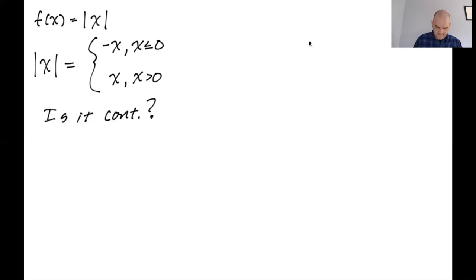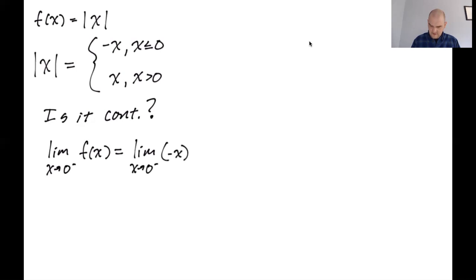I'm going to say the limit as x approaches 0 from the left of f of x. So 0 from the left means like -1, -0.5, negative values, right? So this will be the limit as x approaches 0 from the left of negative x. But that limit is definitely 0. Okay, so we're good so far. Now I need the limit from the right.